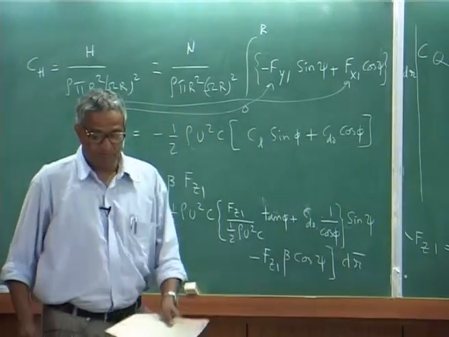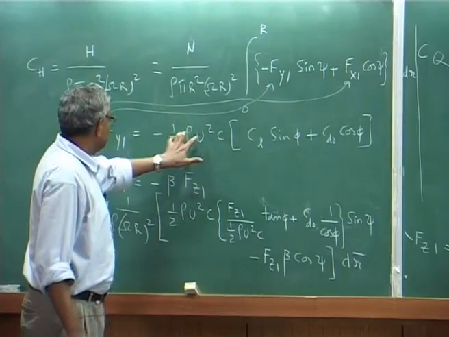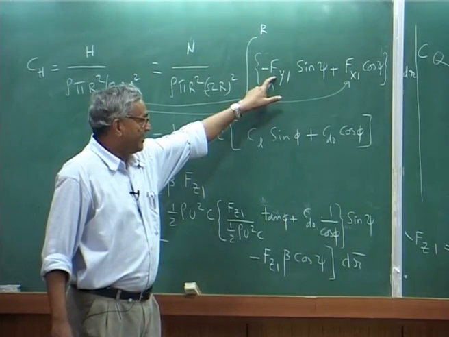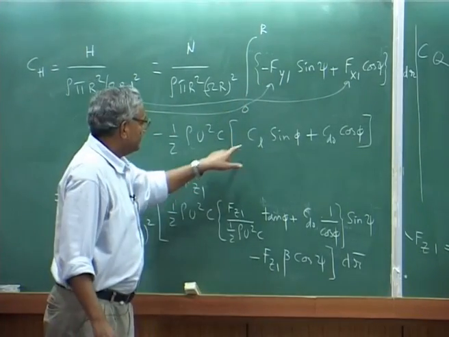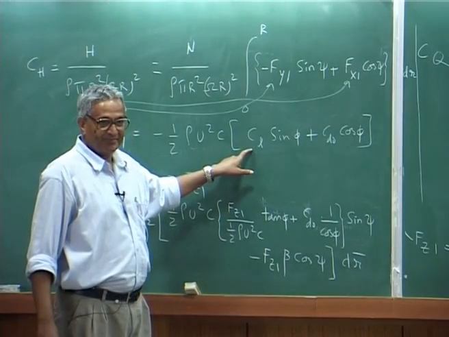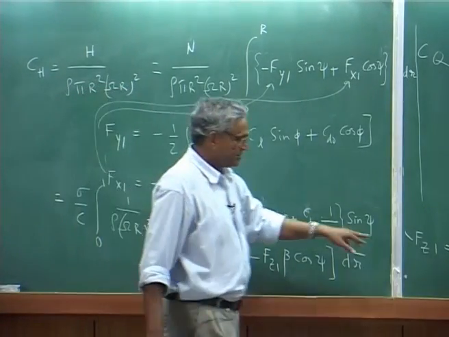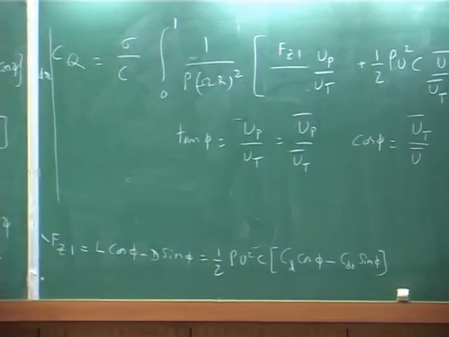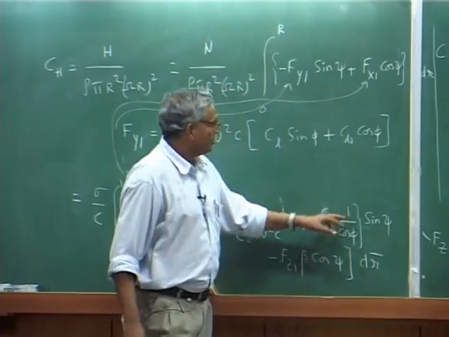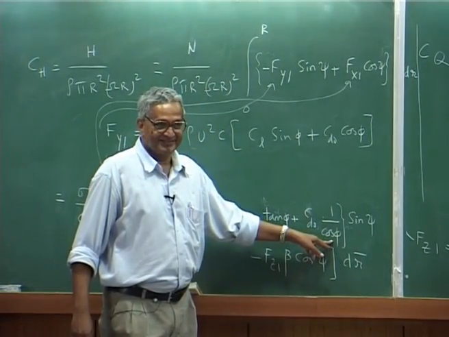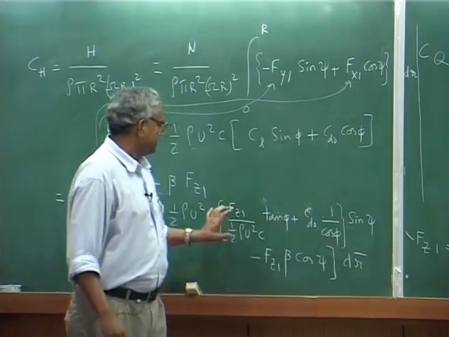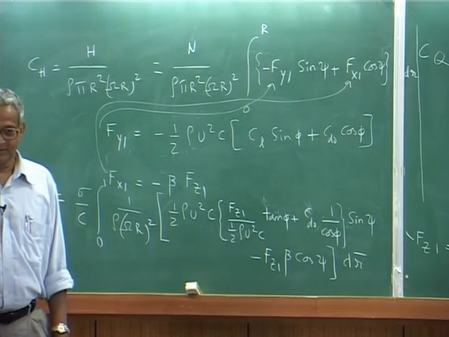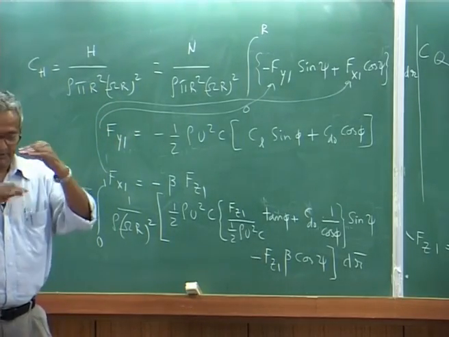So, please note that what I have done, I have substituted this expression there, okay. After that, for C_l I substituted from here in terms of F_z1, that is why it becomes C_d0 over cosine phi, you follow, and this is in terms of F_z1, okay. It is a two step.